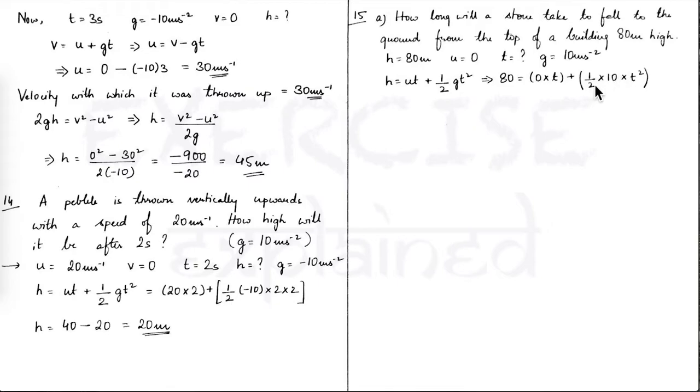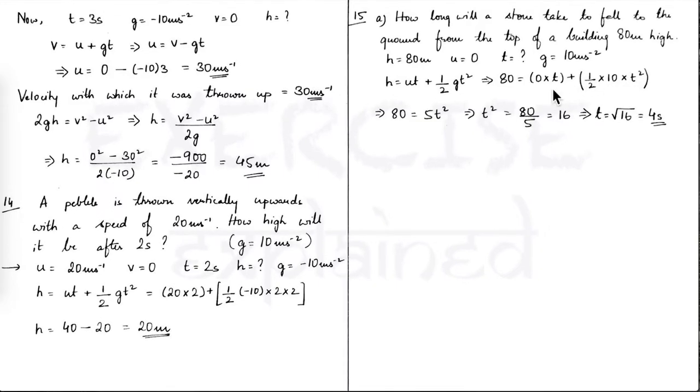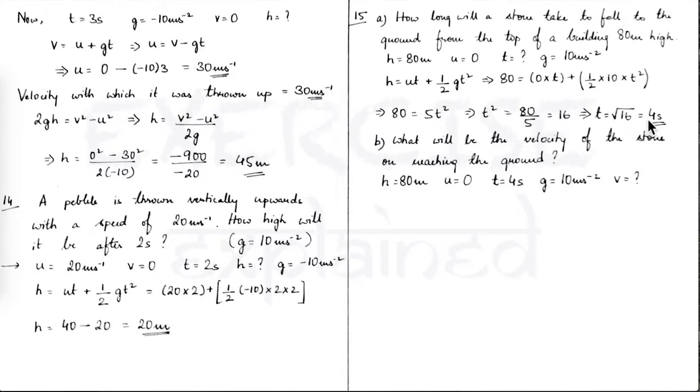So 2 and 10 cancel, so we get 5t square. So 80 will be equal to 5t square. T square would be equal to 80 by 5, that is 16. So t will be root of 16, that happens to be 4 seconds. So it will take 4 seconds for the stone to fall.